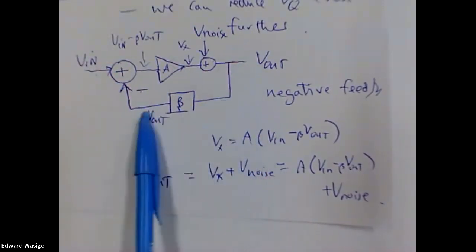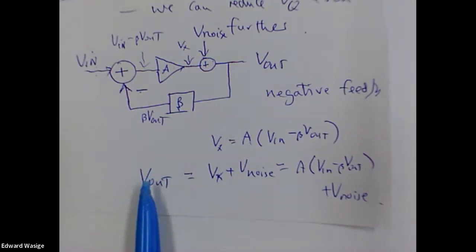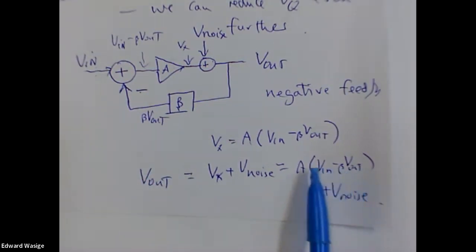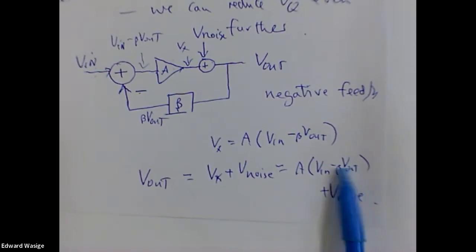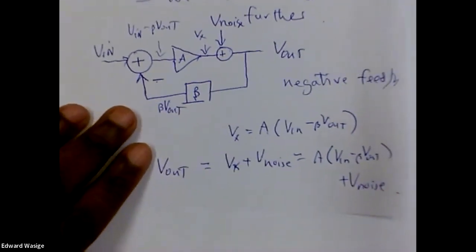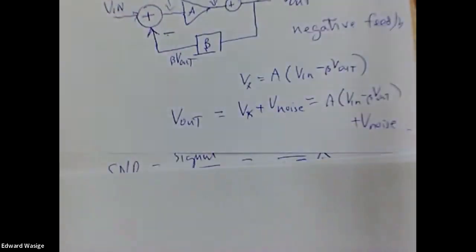Once we introduce feedback, the relationship between the output voltage and the input voltage is this. Some of the output voltage is fed back to the input. So I'll write out that expression again.